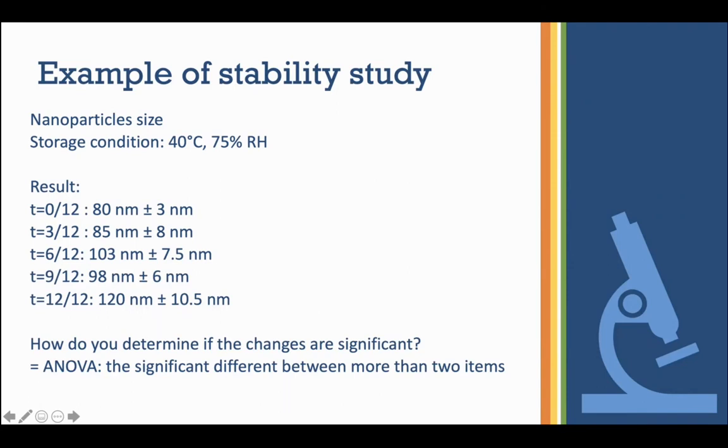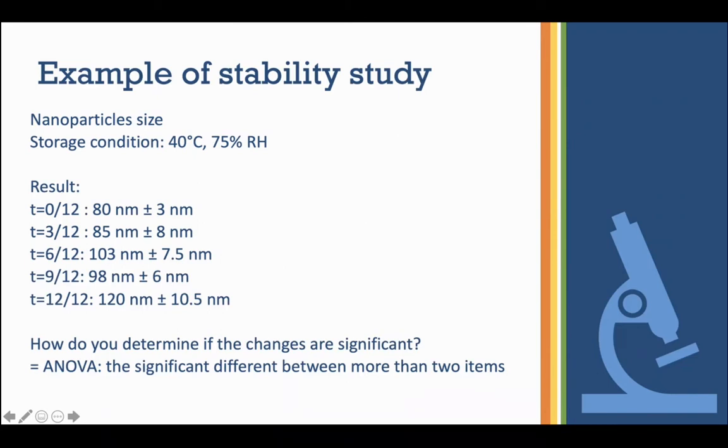If you want to know only the difference between the particle size at time 0 and 3 months, you can use a paired t-test, so before and after storage. When you use the paired t-test, you would know whether the changes are significant or not.